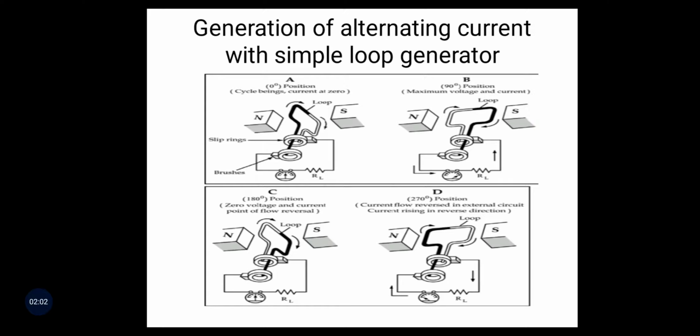This is the working principle of alternating current with a simple loop generator. The basic principle is electromagnetic induction.